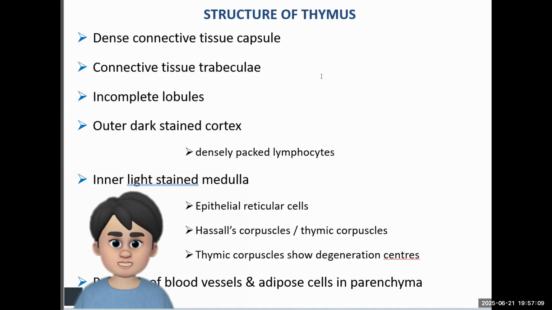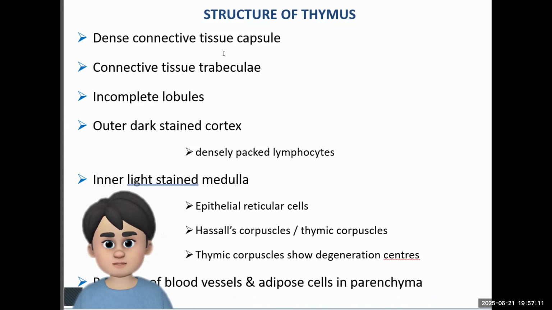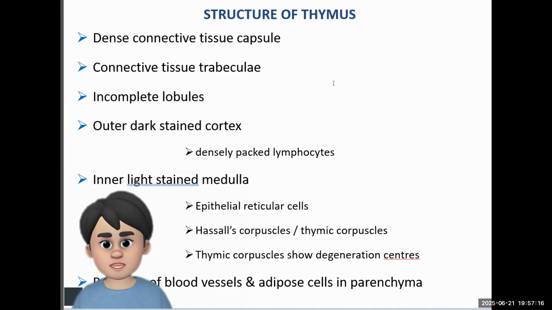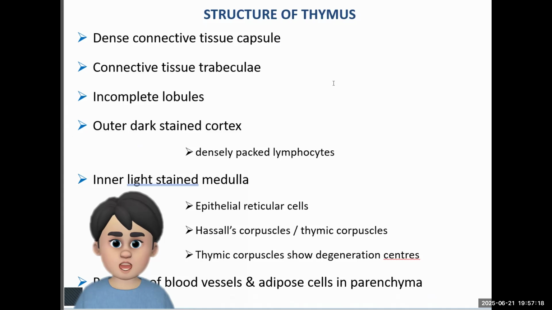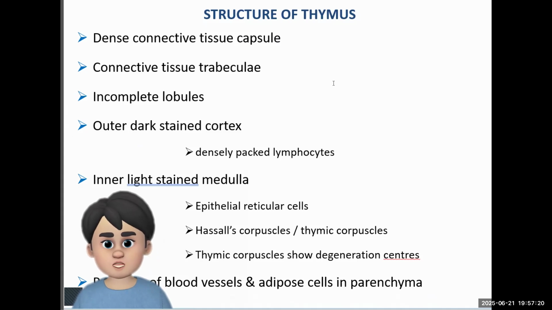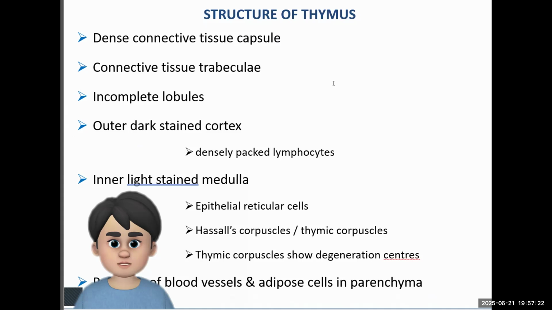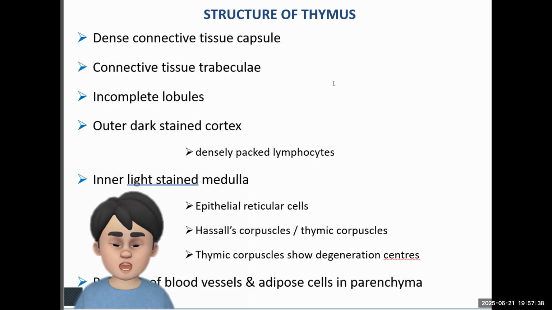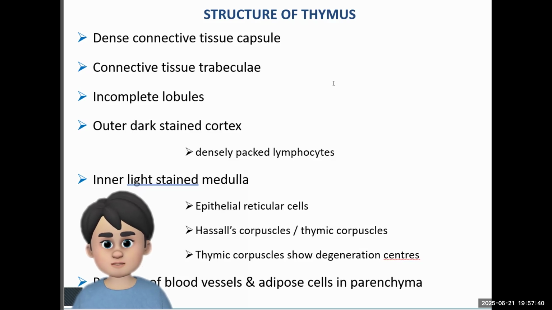So the structure of the thymus gland, I told you. The thymus gland has a connective tissue capsule, connective tissue trabeculae, incomplete lobules, and an outer darkly stained cortex. Now you have to research and find out about the structure of the thymus gland. Two lobes.